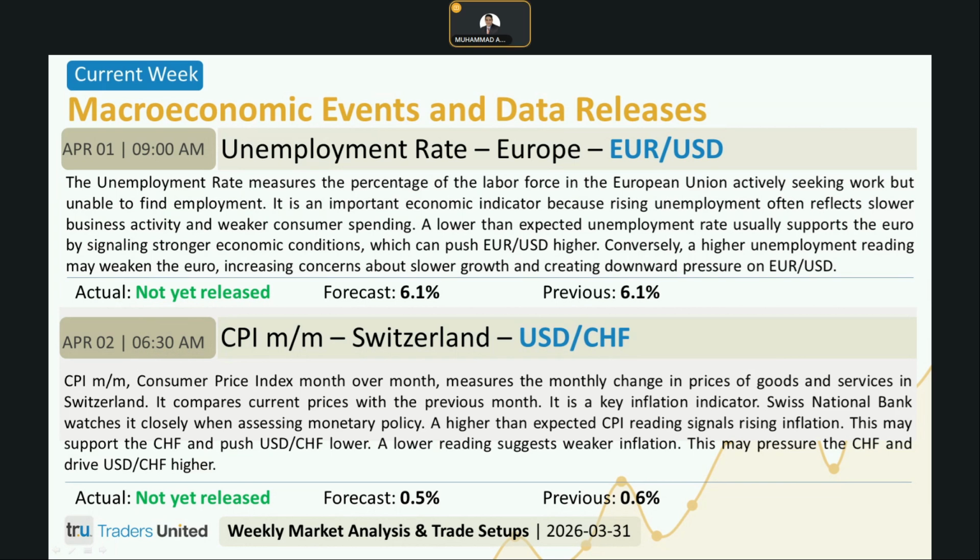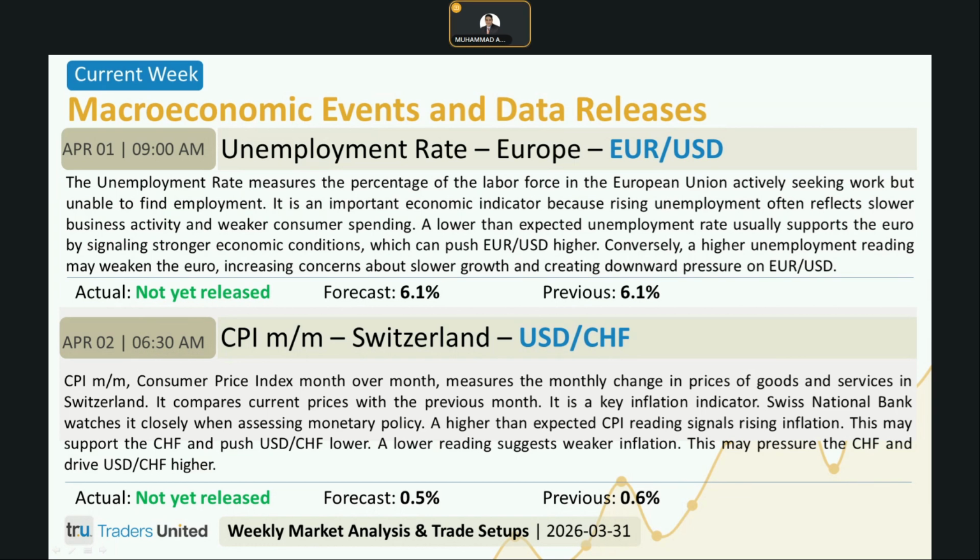Now, let me talk about market context and pre-release expectations. The forecast of 0.5% suggests a slowdown in Swiss inflation compared with the previous 0.6% reading. So Forex traders will closely monitor whether the actual CPI confirms this trend or surprises the Forex market.